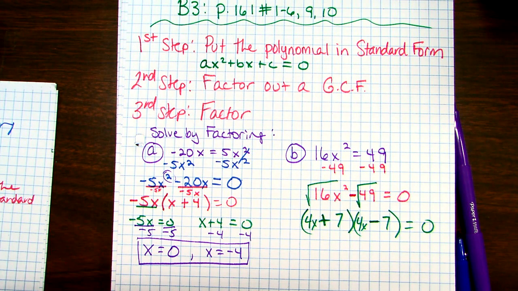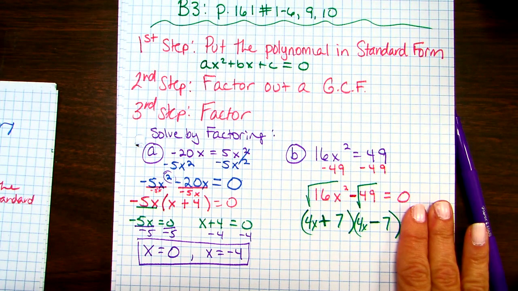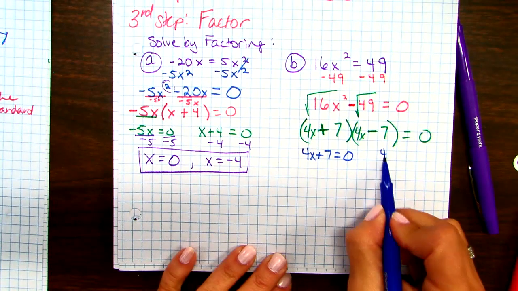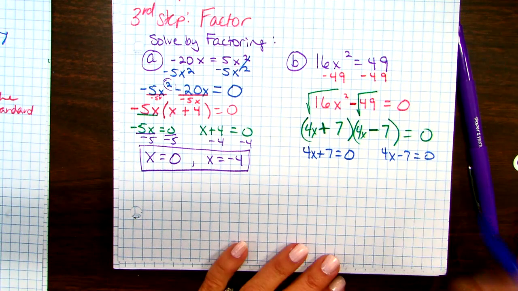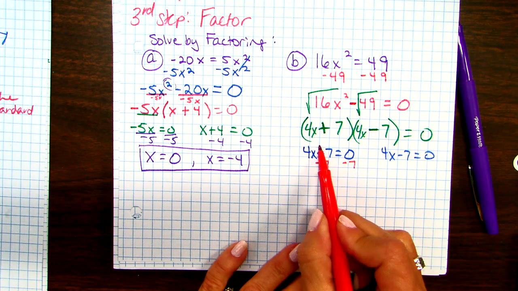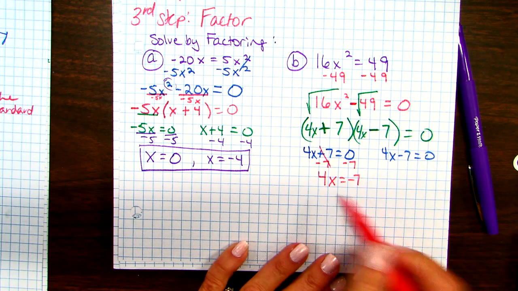Now, if we were just factoring, that would be the answer, factored. But we're factoring in order to solve. So we take each of our factors and set them equal to 0 and solve them. Aren't you just going to get the same answer, but one's positive and one's negative? So subtract 7, divide by 4.